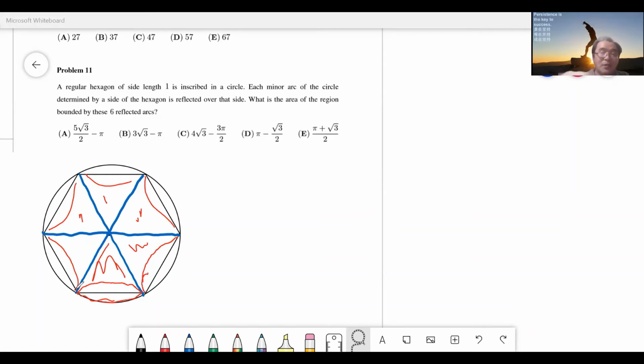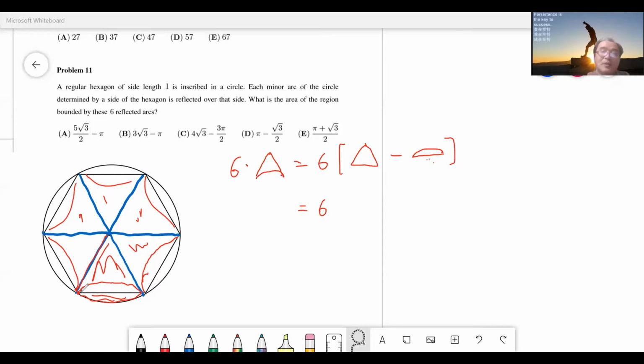To find the area bounded by the 6 reflected arcs, we can use 6 times each of this structure. Each can be treated as the equilateral triangle minus this arc region. For this arc, we can use this sector.